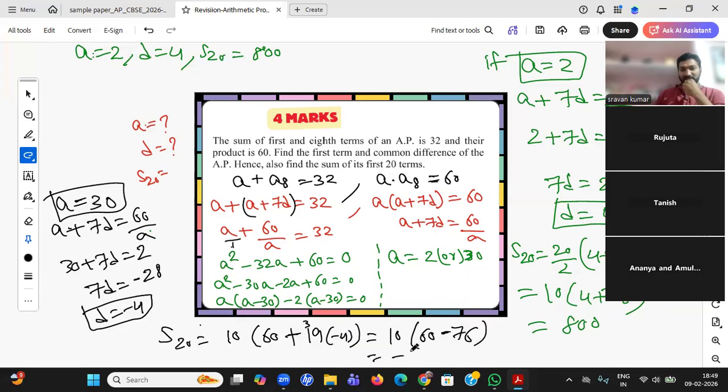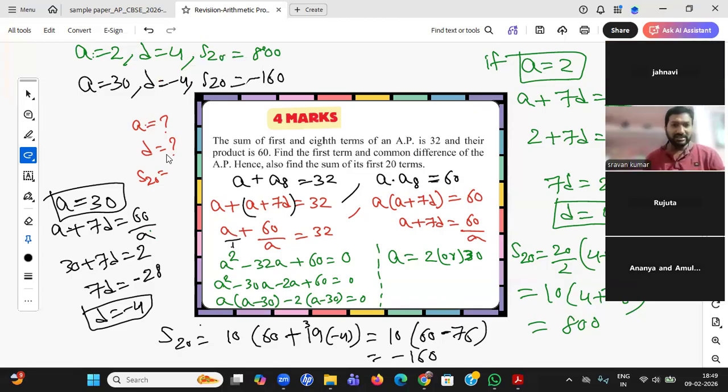Minus 160. Absolutely right. So when a equal to 30, d equal to minus 4, I am getting S20 equal to minus 160. Okay, students. So absolutely, we will get two cases. You need to solve both the cases because both the cases are valid. Your common difference can be negative. Your sum can be negative. Your first term can be negative. Everything can be negative. So both the cases are valid.